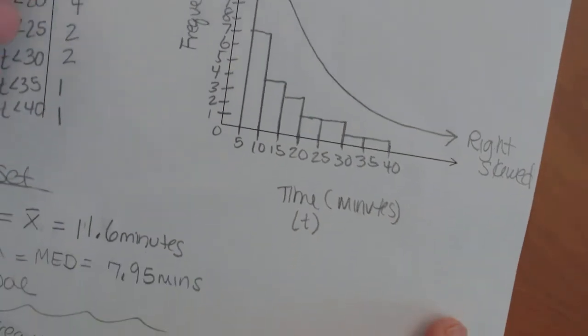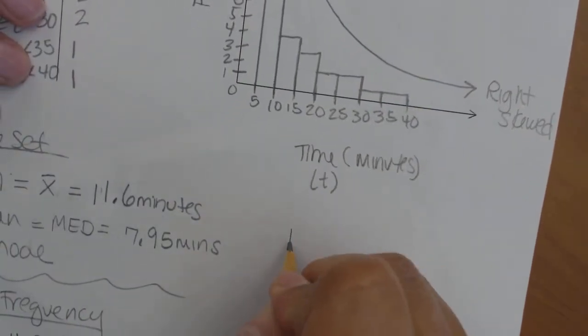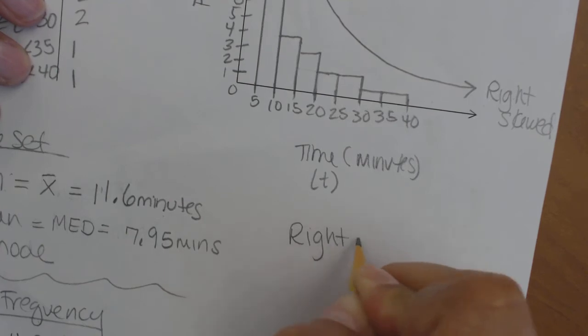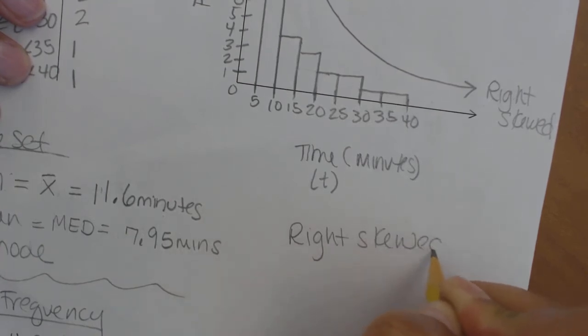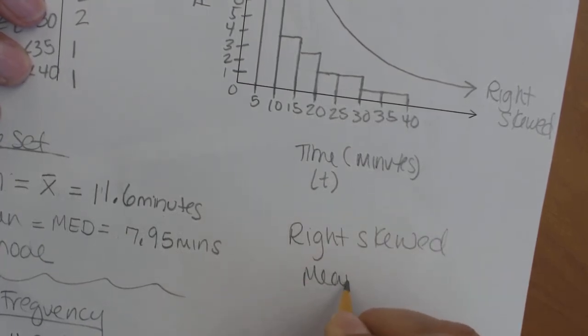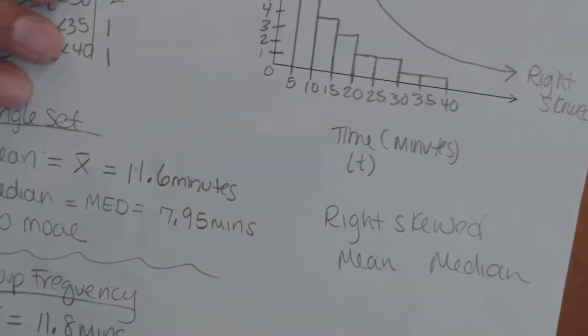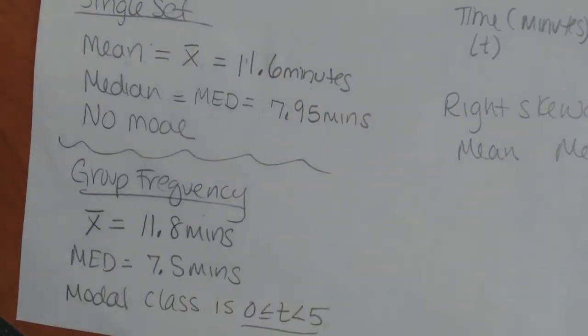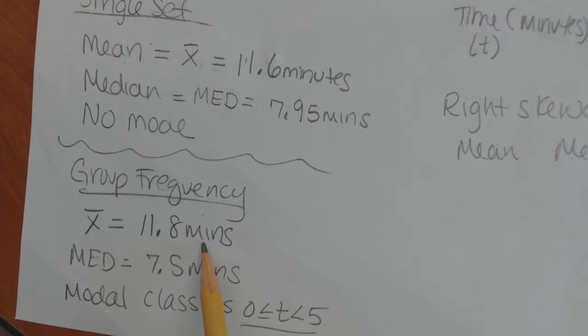Well, here's the interesting thing between mean and median. Right skewed, let's look at the mean and let's look at the median. Now, we have two different ones. They're actually very similar. This one's 11.6 and this one's 11.8.